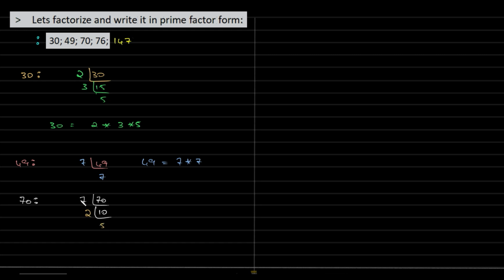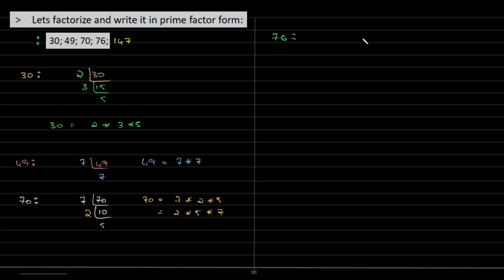For me 7 was convenient, so I wrote that, and 10 is 2 into 5, you're done, right? So it is 7 into 2 into 5, but we should always write it as 2 into 5 into 7, in ascending order. It helps, you'll see how it helps after some time.